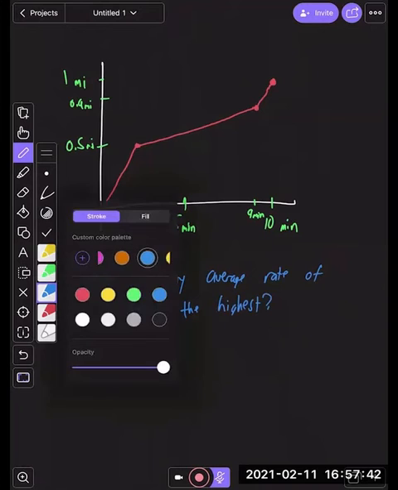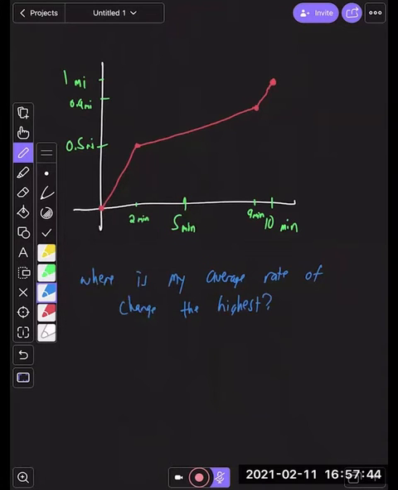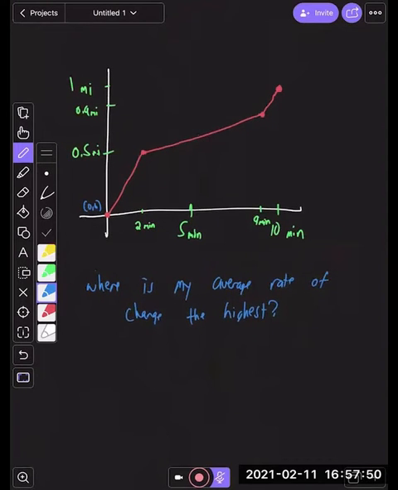Well, it's useful if we label all of our points. So this point over here is 0, 0, where we're starting. Over here, we ran so fast. We're at 2, 0.5. Over here is another interesting point, 9, 0.9. And over here, we have 10, 1.